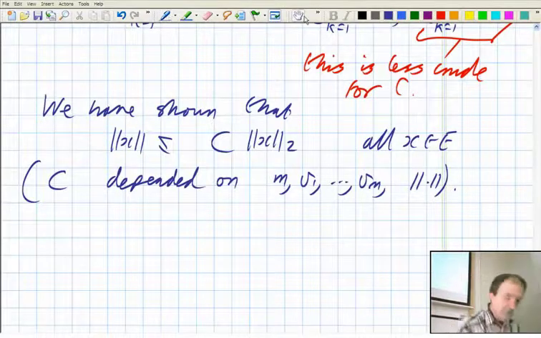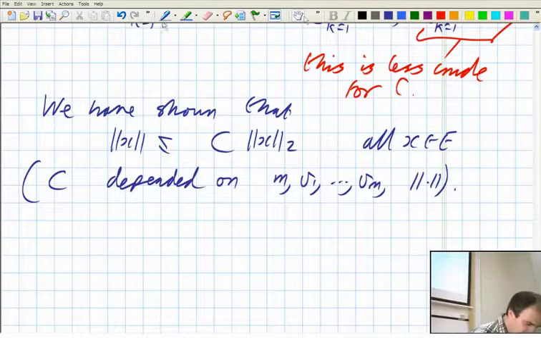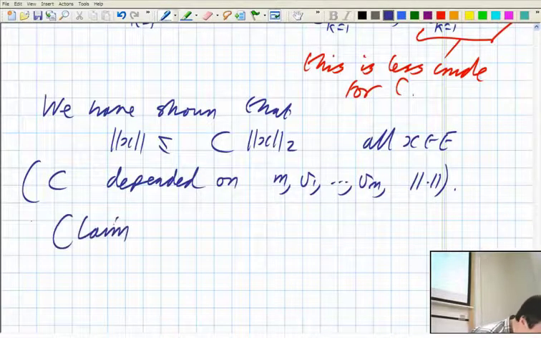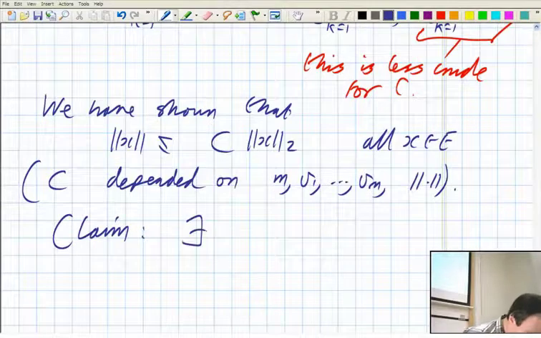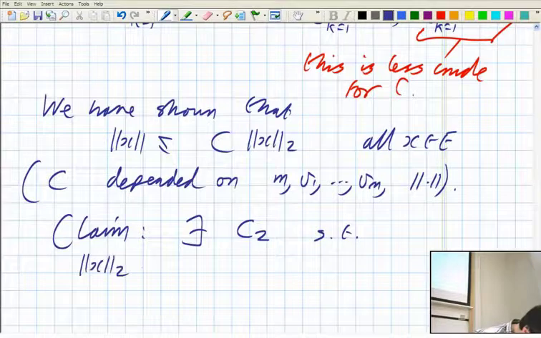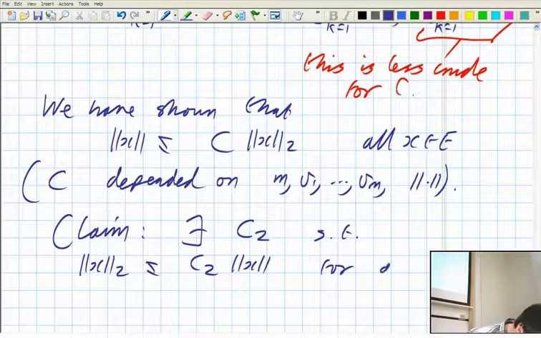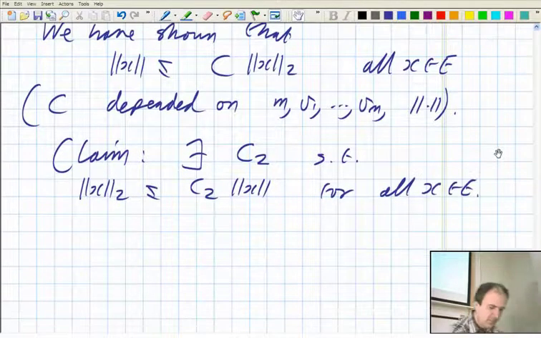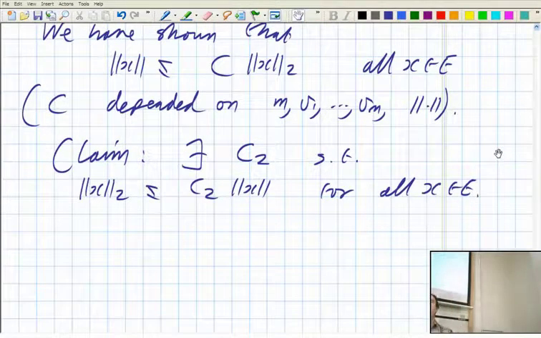I'm going to do a proof by contradiction. So I want to claim, to finish, that there exists another constant, C2, such that norm x2 is less than or equal to C2 times norm x for all x in E. Once we've done that, we've finished.